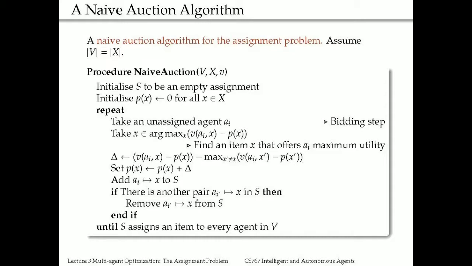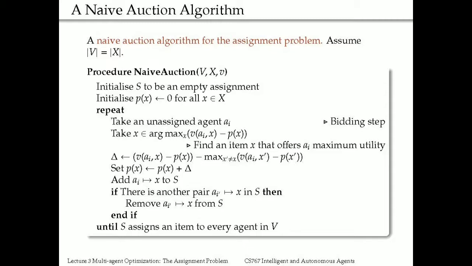The procedure is: we take the utility for this item to agent i, v_i(X) minus p_X, subtracted by the maximum utility from any other item, the max among all X prime different from X, of v_i(X prime) minus p_X prime.